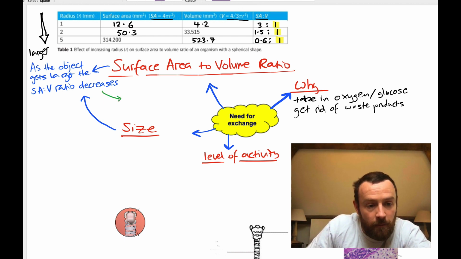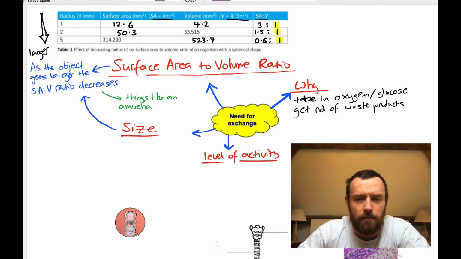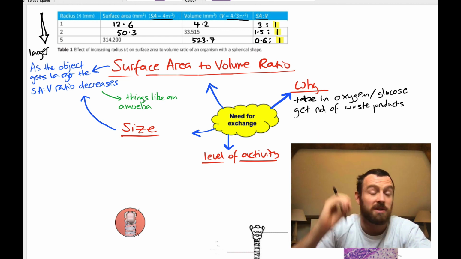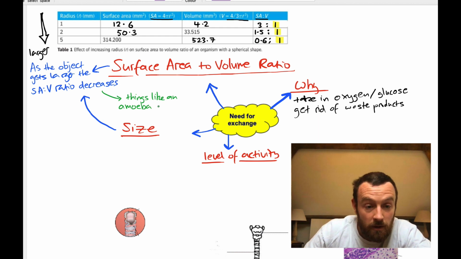Well, things like an amoeba, which is smaller than a millimeter. It's a large cell. I think it can be just about up to a millimeter, but they don't need a specialized exchange surface. So things around about a millimeter can get by without having a specialized exchange surface.